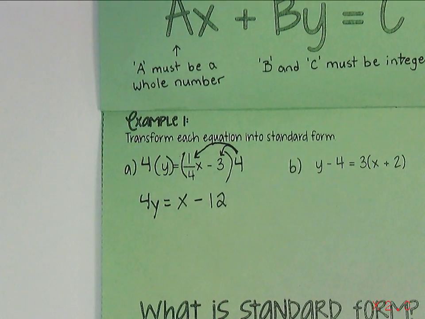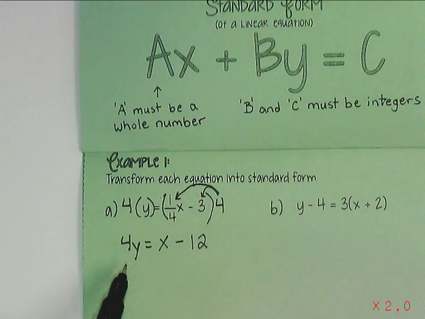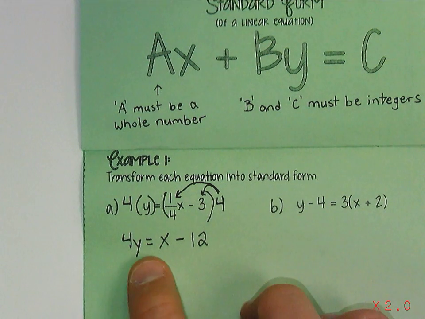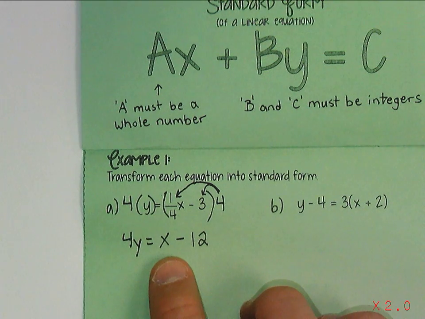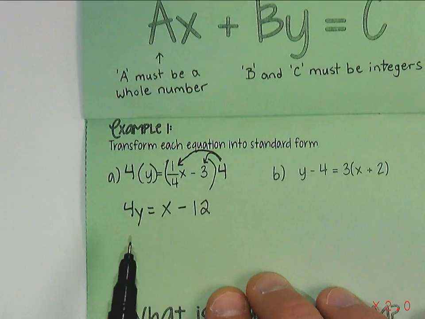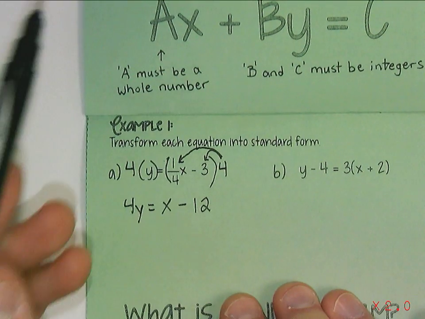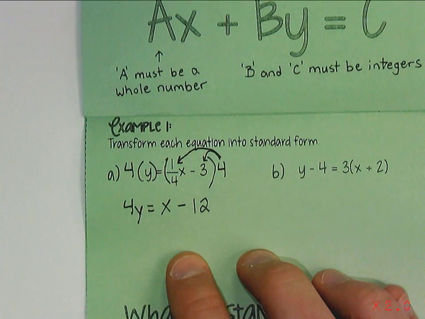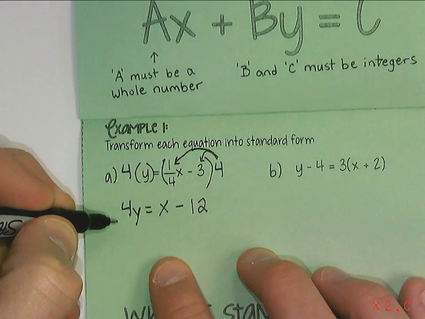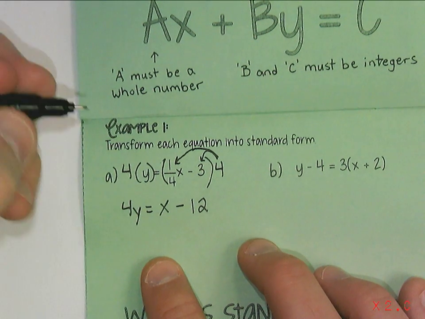Now we're not quite done here because right now we just have a different version of slope-intercept form. We need x and y to be on the left-hand side. They could be on the right-hand side, but let's just keep it on the left in order to keep things understandable here. So I'm going to need to move this x over to the left-hand side. How do we do that?